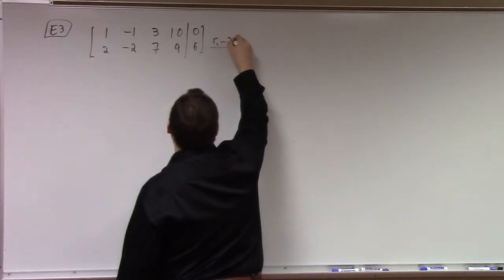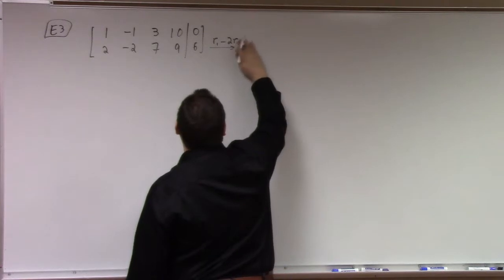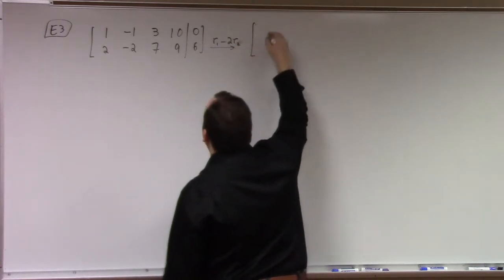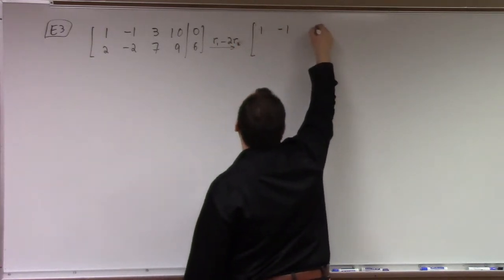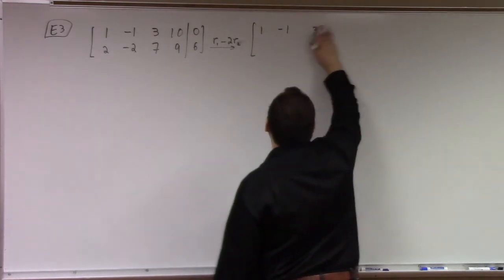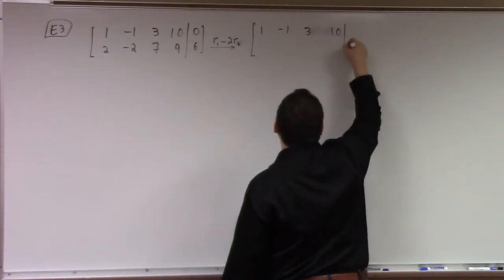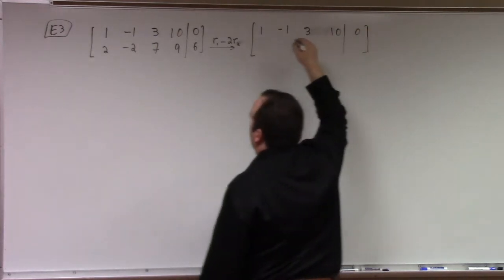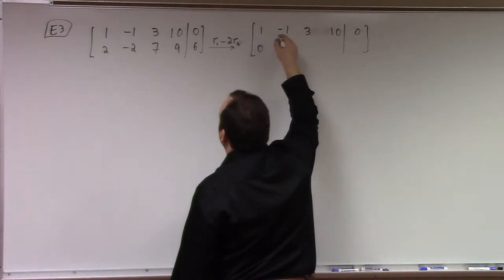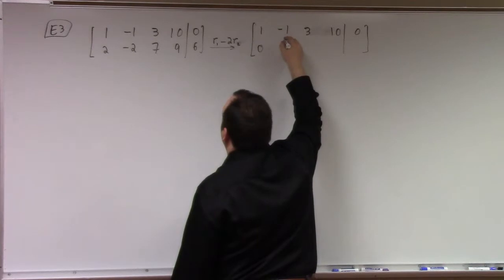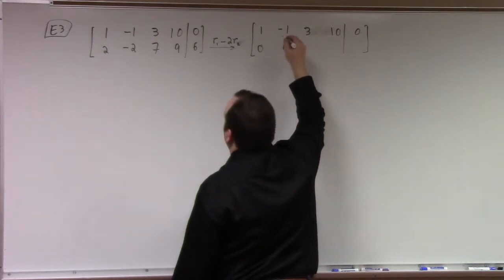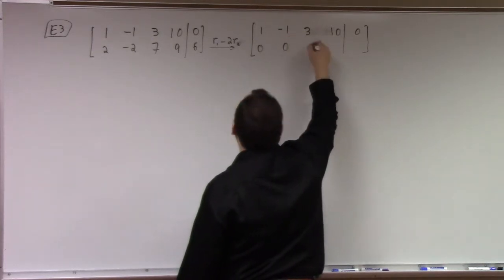Row 1 minus 2 row 2. 1 minus 1, 3. Good grief, 3, 10. 0. 0. 0. 1. Ah, cool.